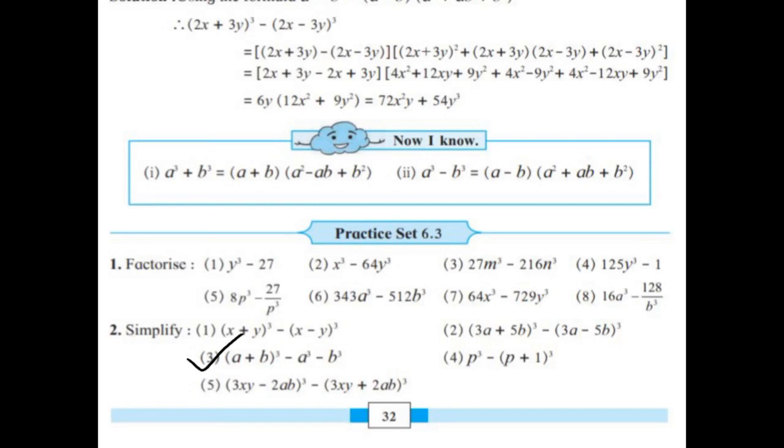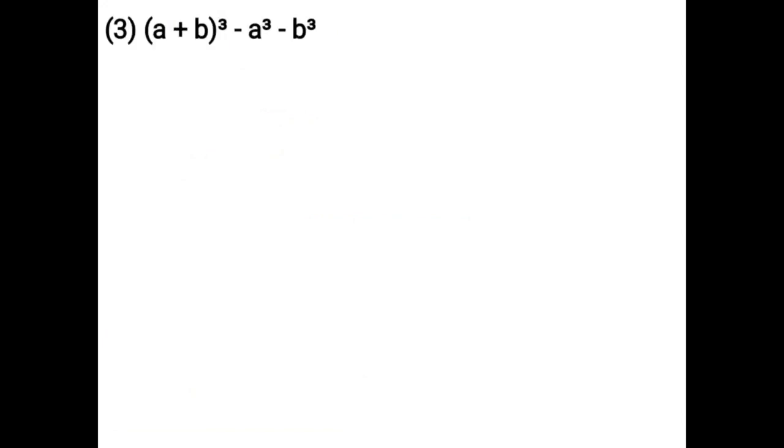(a plus b) the whole cube minus a cube minus b cube. First you have to use the formula of (a plus b) the whole cube, which you already studied in chapter 5. The formula of (a plus b) the whole cube is a cube plus 3a square b plus 3ab square plus b cube. After the bracket of (a plus b) the whole cube, minus a cube minus b cube, which is given, you have to write as it is.